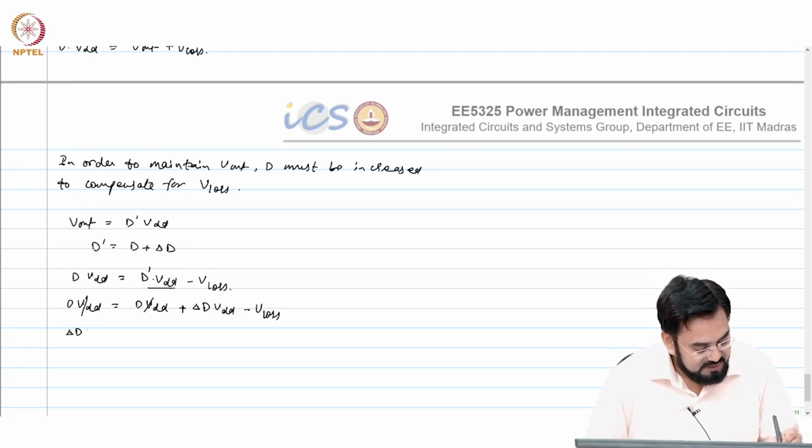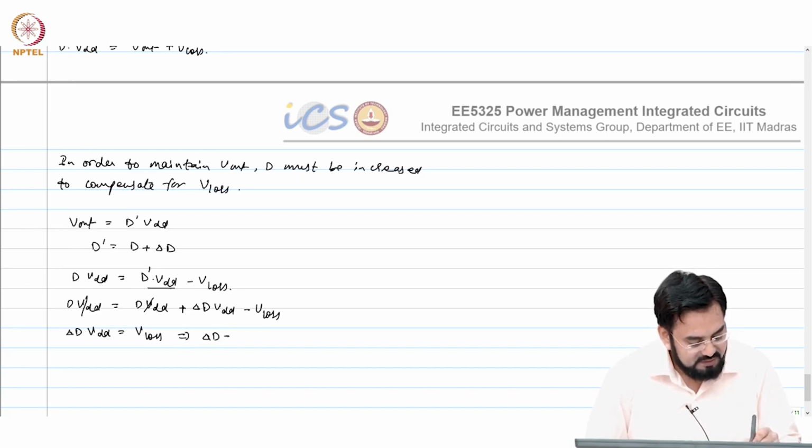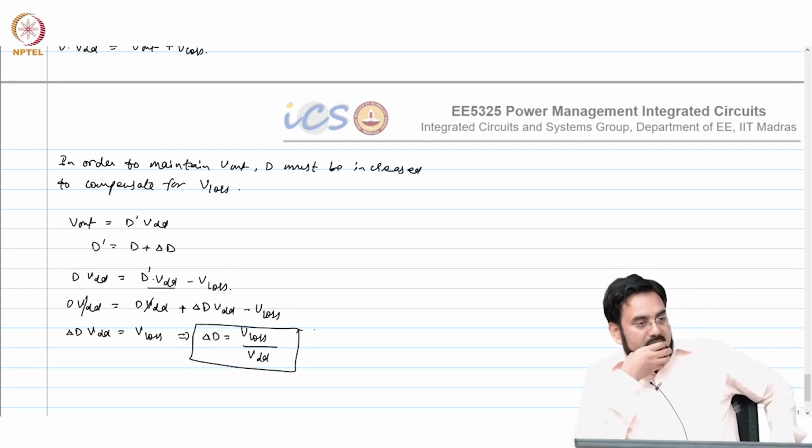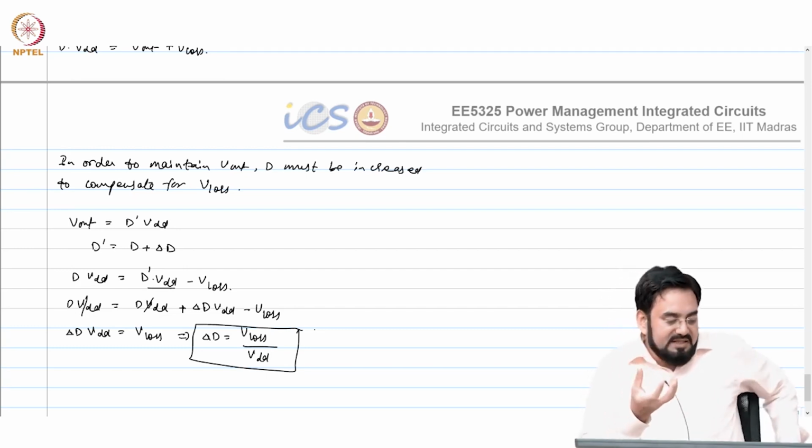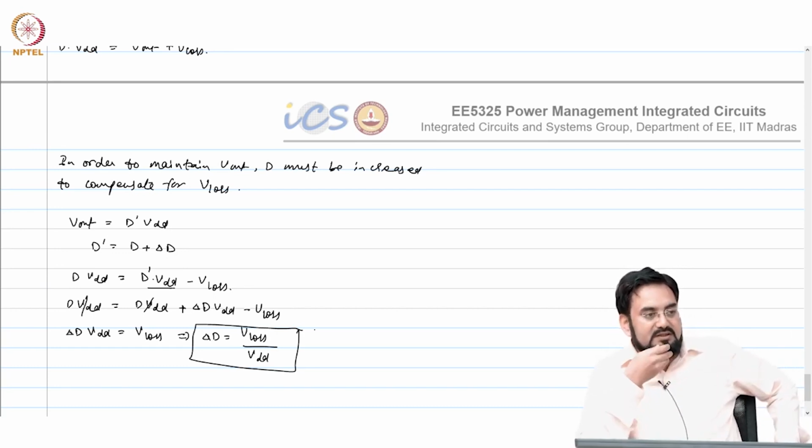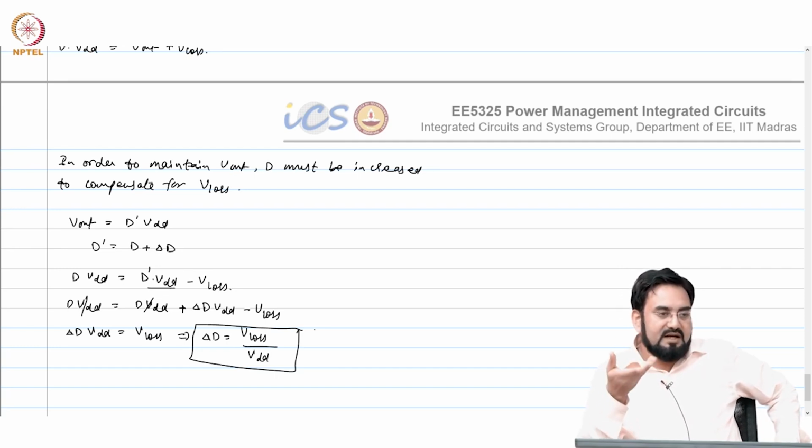So delta D VDD, this implies delta D equal to V loss over VDD, which means the change in duty cycle required is the ratio of V loss over VDD, or V loss is nothing but delta D times VDD. So, if you know the V loss, you can calculate how much duty cycle you need to change in order to get the same output voltage.